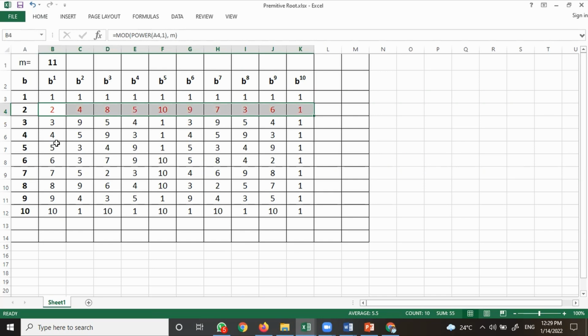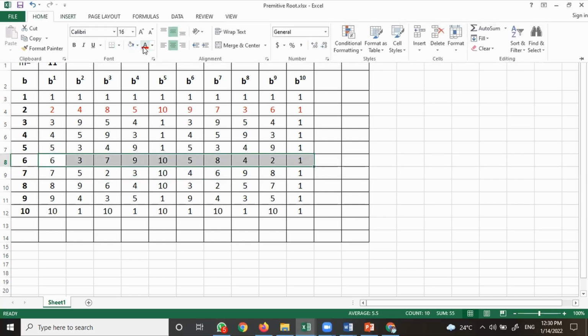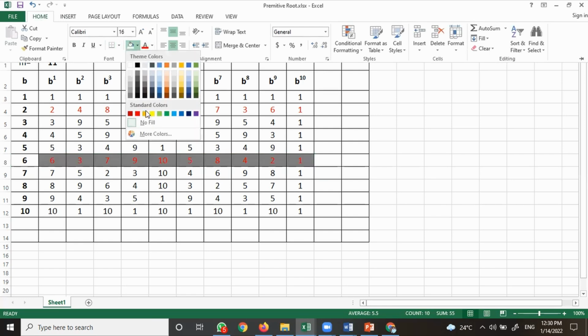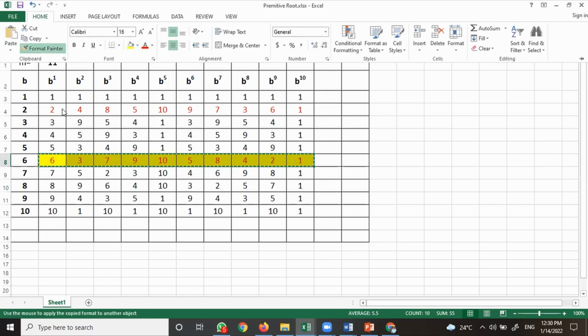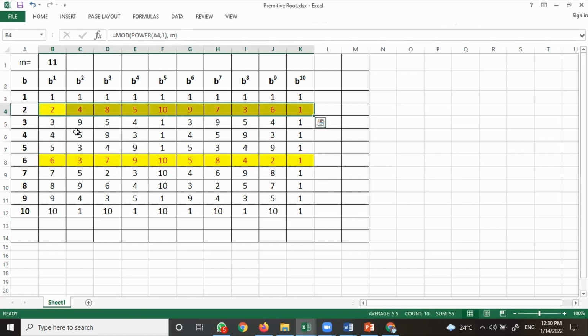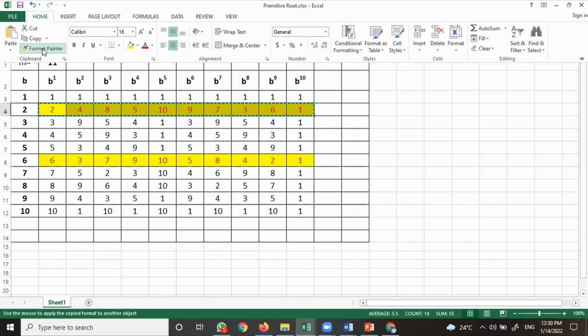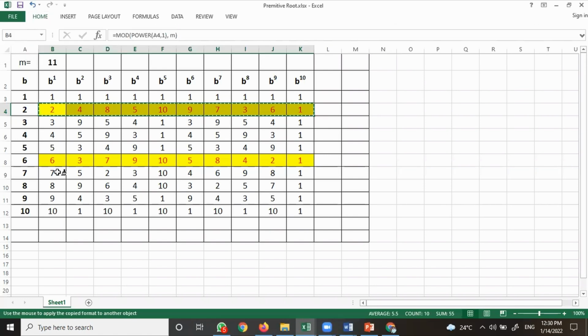Then another one is, can you just help me finding out the unique row where all the unique values are there? 6. Yeah, 6. Or this one, maybe this is good. One more. 7. Anything else?